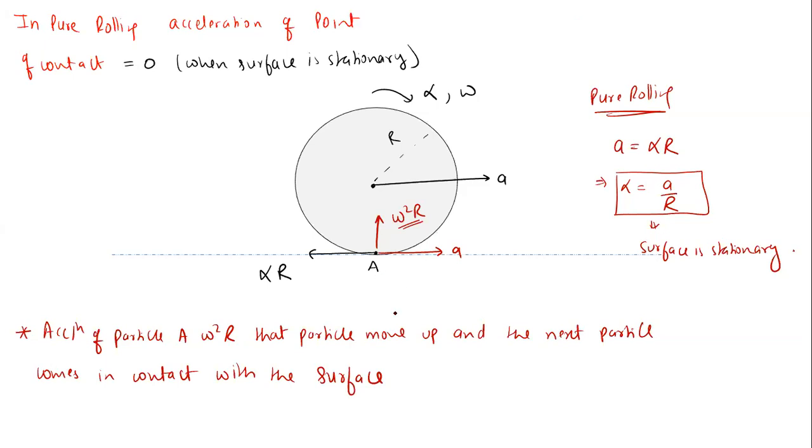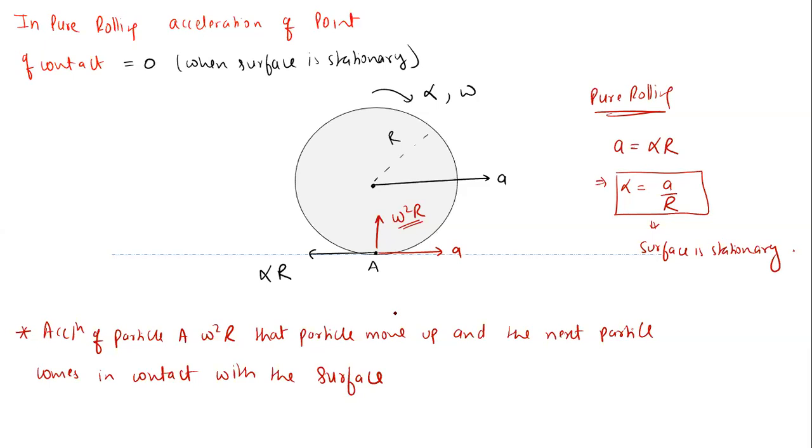Did you understand this point? Yes or no? Now when you talk about pure rolling, is the friction force acting on this? Yes or no? Is the friction responsible for rolling the body? If I'm talking about pure rolling, then I'm saying that the velocity or the acceleration of the point of contact is zero.